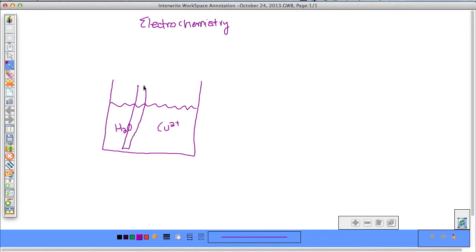So we're going to have a couple of electrodes in here, right? And we're going to put some current in between those. Okay, so let's say what happens is we put 4 amps of current through there for 30 minutes, okay? And what happens is that this ionized copper, which is, let's say that this is 3 molar copper ions in solution.